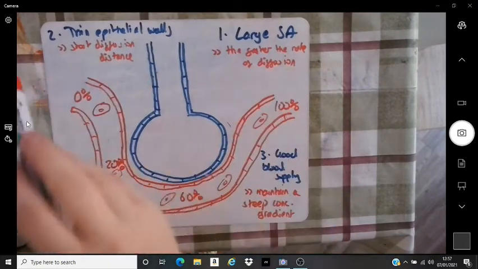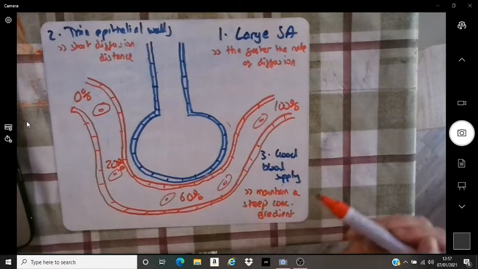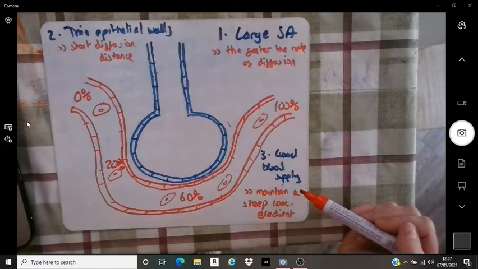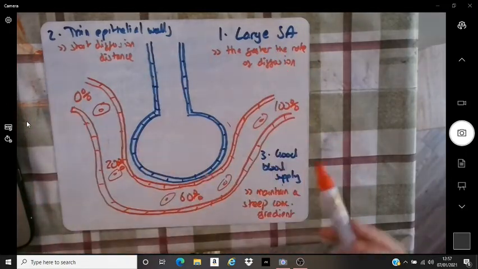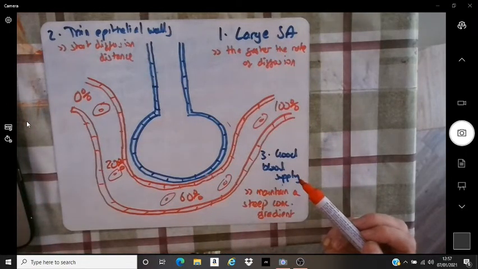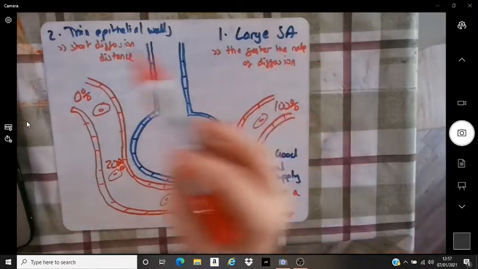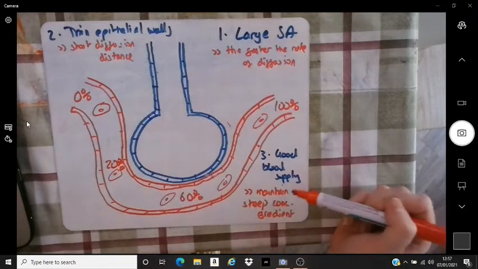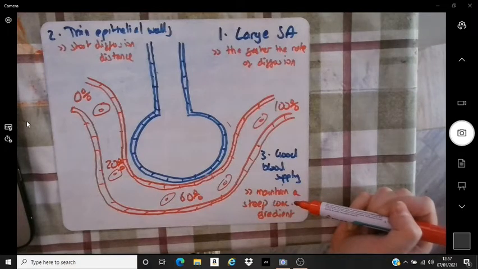So these 3 points are essential for your exam technique to explain why any exchange surface is well adapted for diffusion. It will involve these 3 if you are looking at an animal. The blue parts are the descriptive points. The red parts are the explanations.